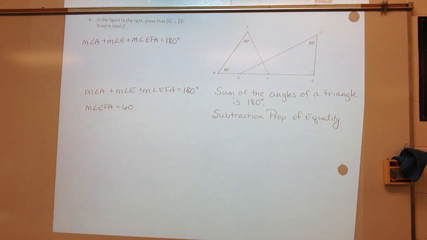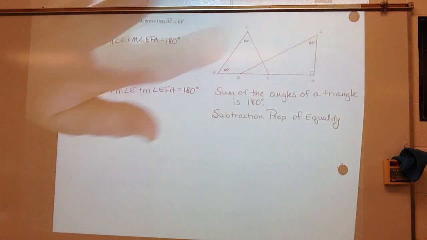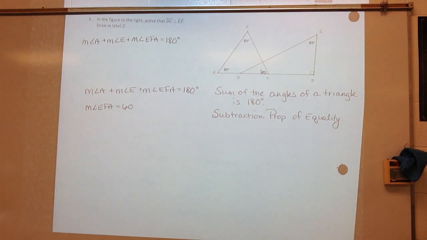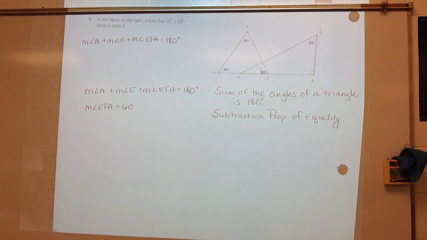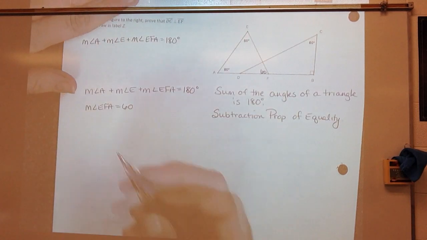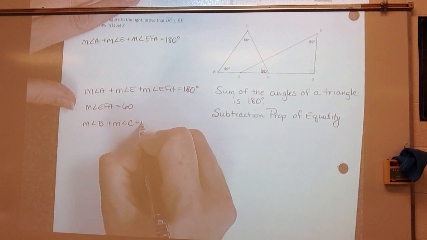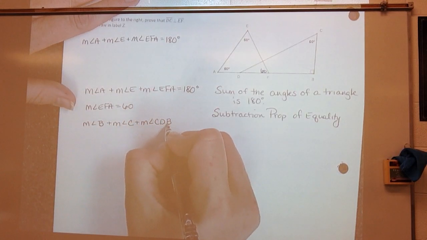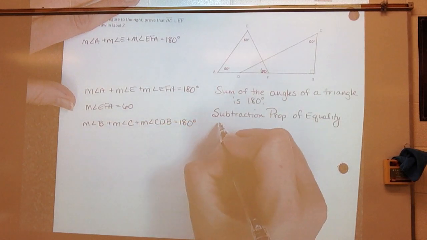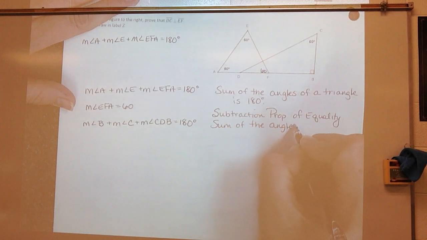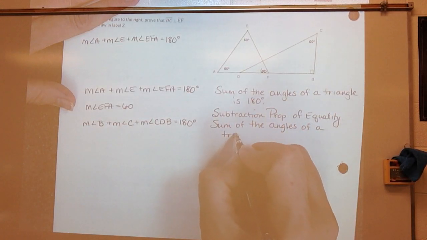So now let's go to the other triangle, now that I figured this out. You can actually write that in there if you'd like. So the measure of angle B plus the measure of angle C plus the measure of angle CDB is 180 degrees, because the sum of the angles of a triangle is 180 degrees.